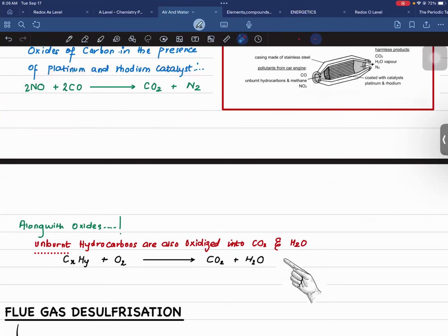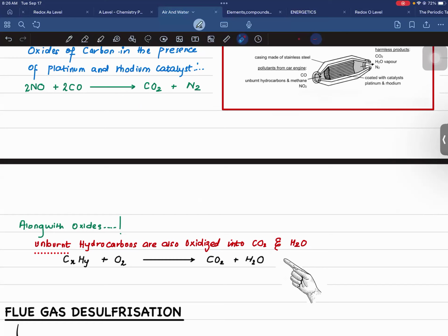And we have unburnt hydrocarbons. If you use a bad fuel, like unofficial fuel which is not refined carefully, some particles would be unburnt.